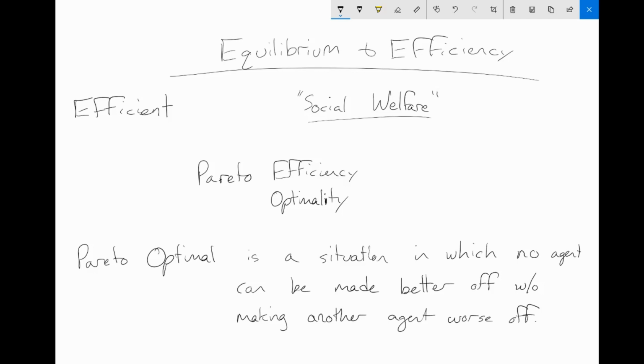This is a standard and rather benign notion of social welfare.